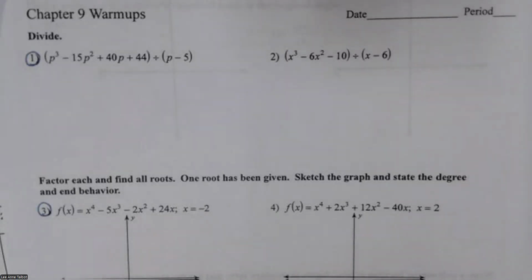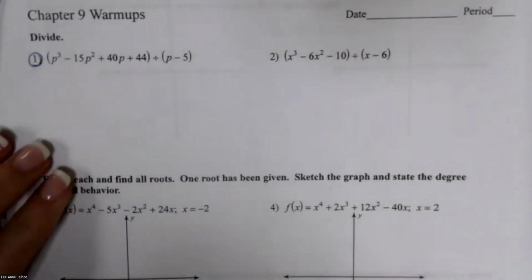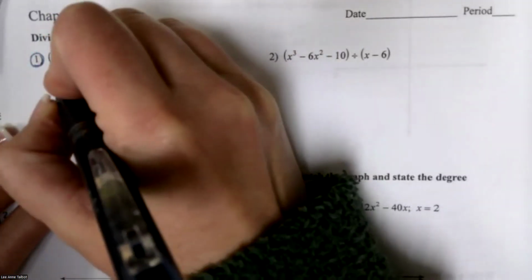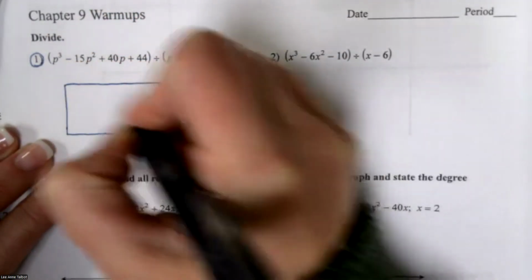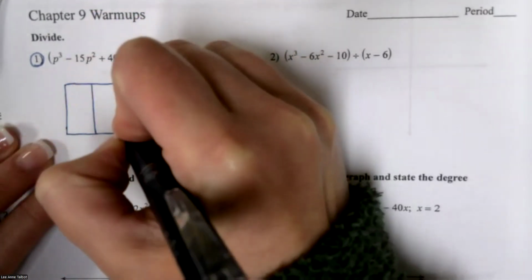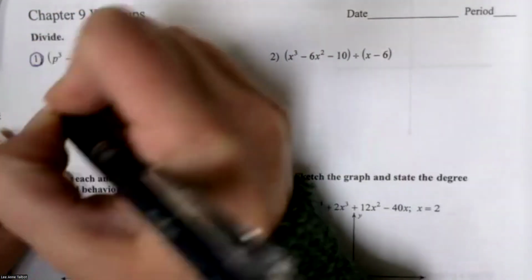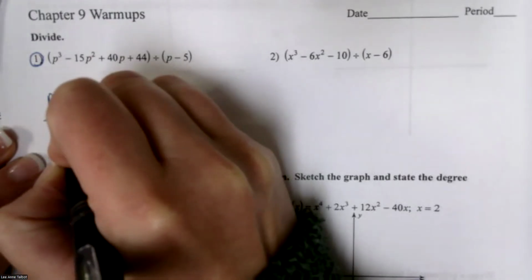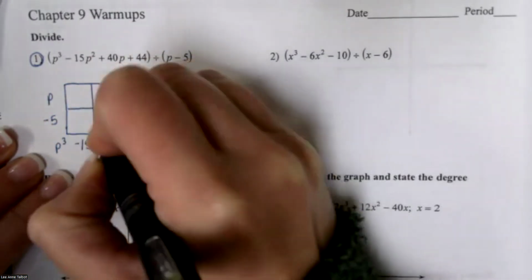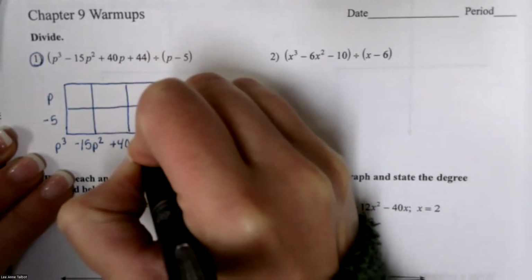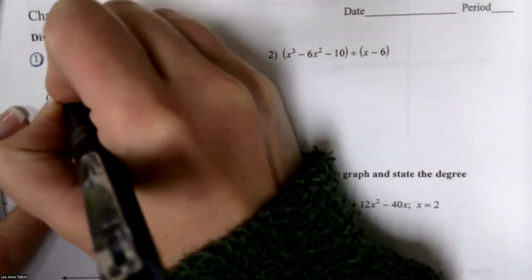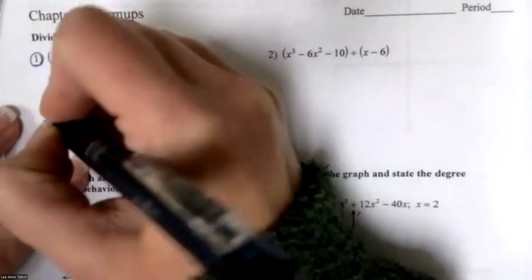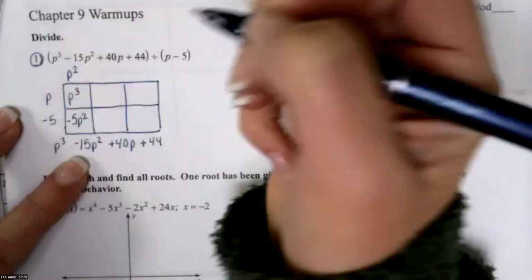All right, let's divide. We need a 3 by 2. Cubed p squared negative 5p squared.